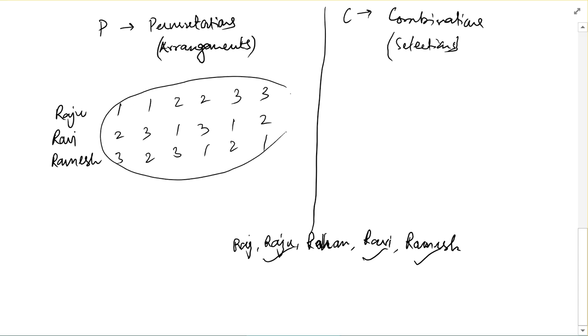Still, these arrangements I can do. Because I have to give them first, second, and third prize, that means I have to decide who will get first, who will get second, and who will get third. So this is called arrangement.